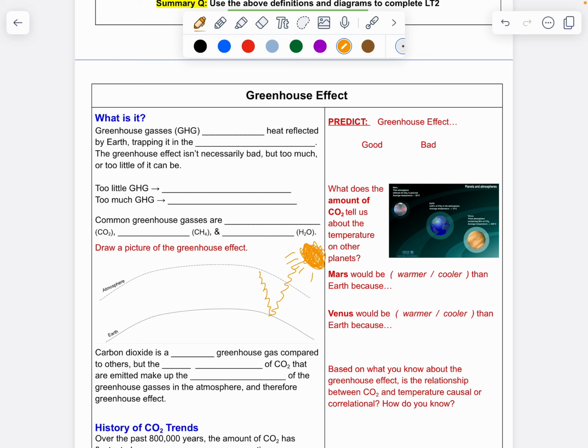But what happens is these greenhouse gases, like carbon dioxide in the atmosphere, trap that heat and bounce it back in. And so it keeps the heat inside, just like a greenhouse would. So we get this greenhouse effect. All this heat is trapped.